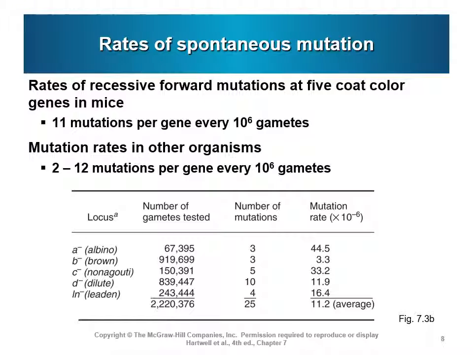Mutation rates in other organisms are apparently between 2 to 12 mutations per gene for every 1 million gametes. Below is the table explaining how they got that number for 5 coat color genes in mice.